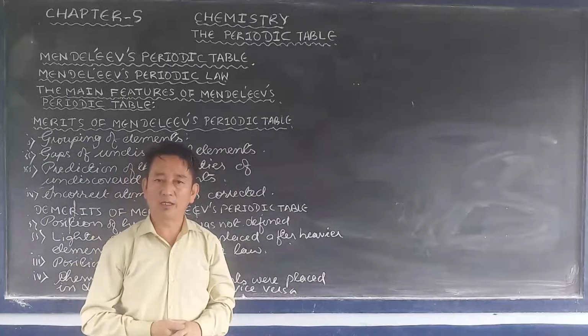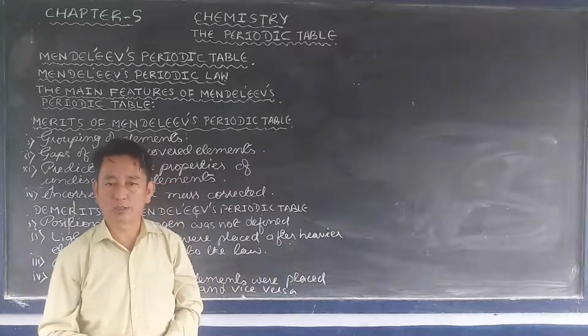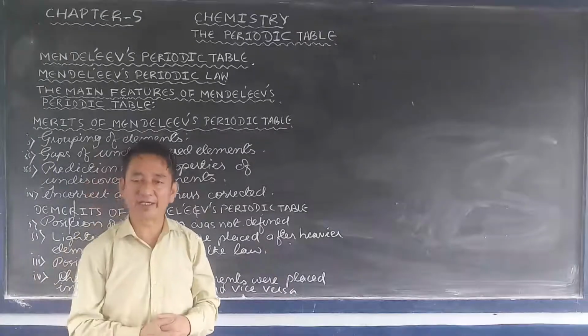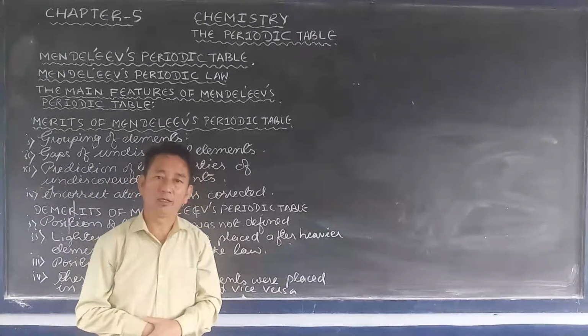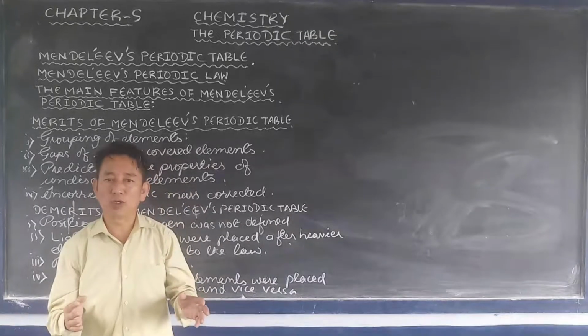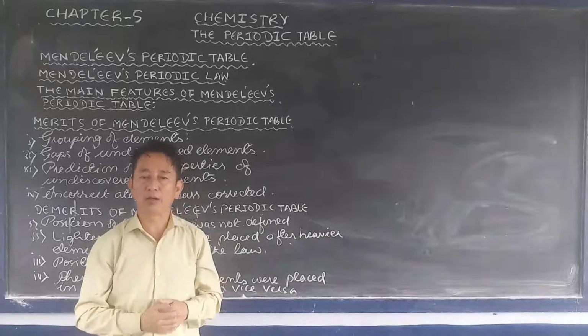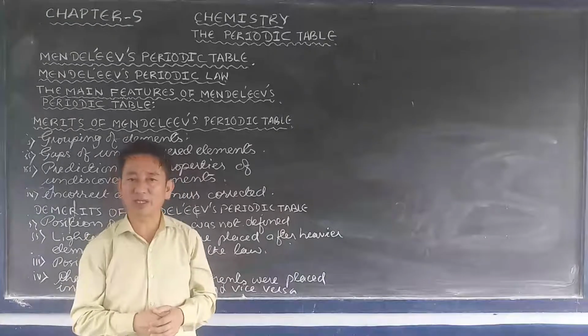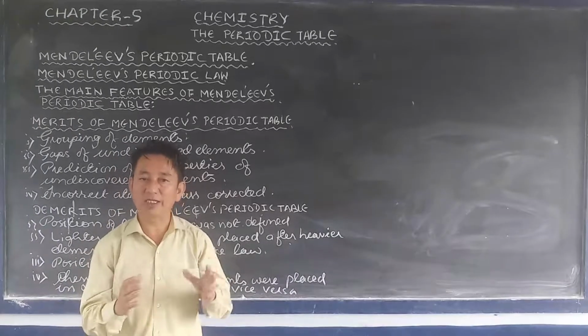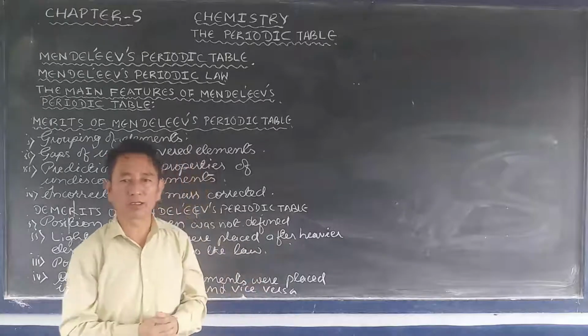As you know, many attempts were made by different scientists to classify the elements in order to make their study easier and systematic. First, chemists classified the elements as metals and non-metals.